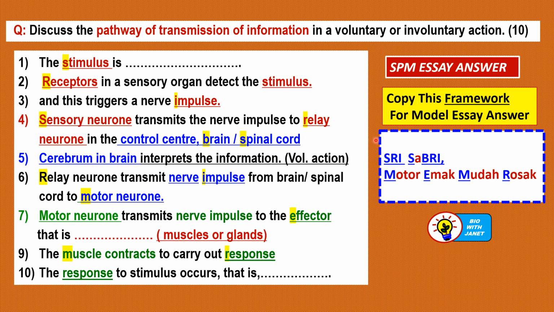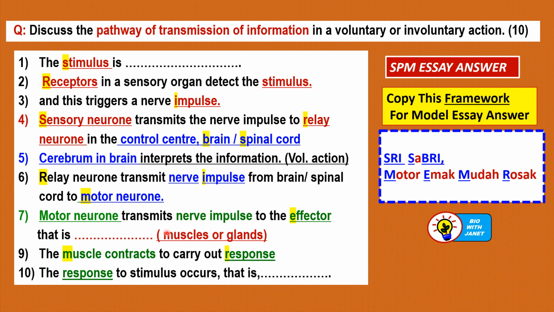Now, to recap, SRI is RE, right? In our teaching aid, or our memory aid. So S is for stimulus, R is for receptors, and I is for impulse. Then SABRI, S is for sensory neuron, B is for brain, or it could be SASRI, so the S will be for spinal cord. Then the R is for relay neuron, and another I mentioned the impulse again. All right.